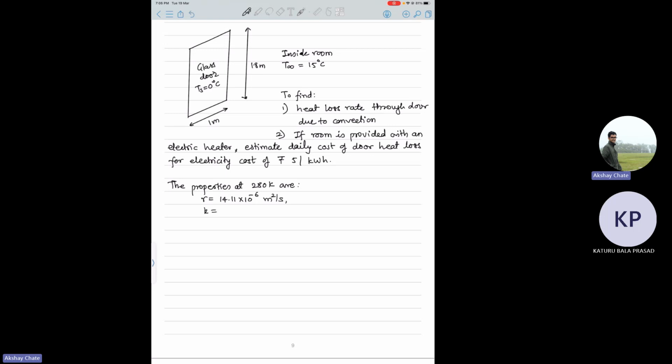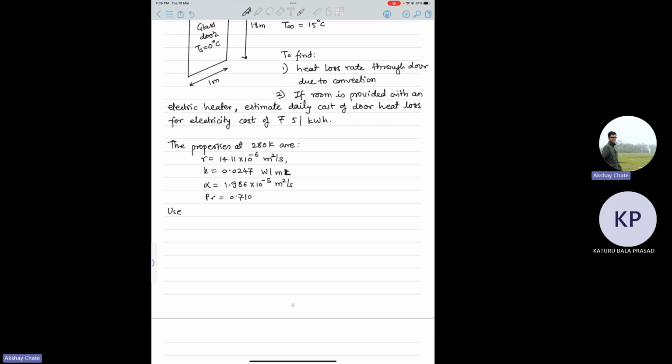Thermal conductivity of the fluid is 0.0247. By the looks of it, it looks like air only. Alpha is given as 1.986 into 10 to the power minus, oh sorry, minus 5. Prandtl number is 0.710.